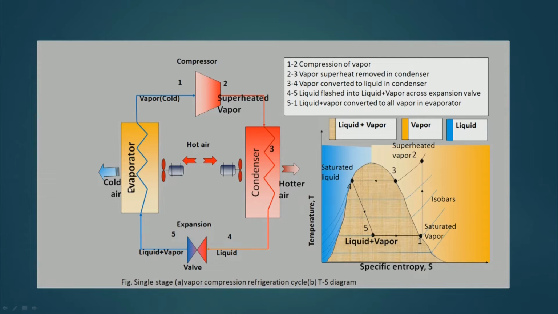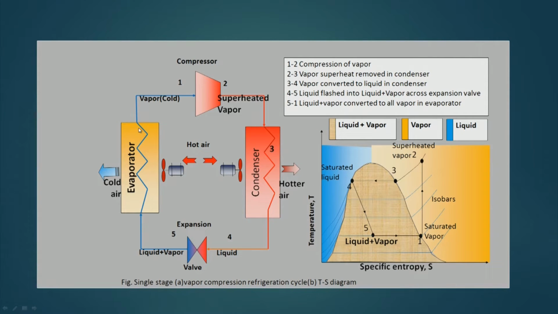In this evaporator, it takes heat from the materials which are there, and the liquid refrigerant evaporates. So, it takes latent heat of evaporation from the material and the material cools. At the exit of the evaporator, we get vapor, and this vapor is in a cold state.